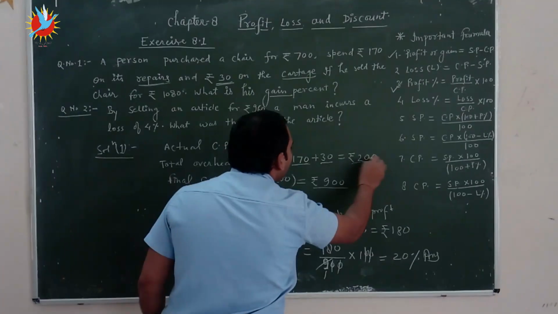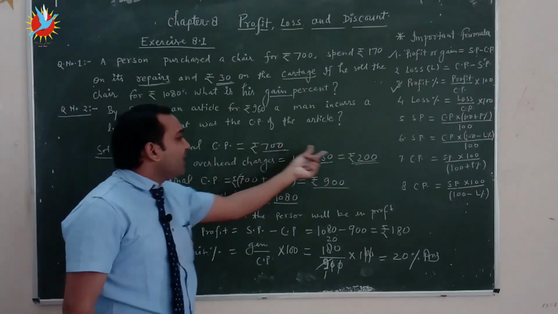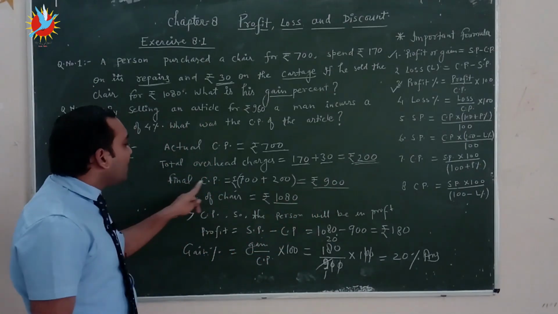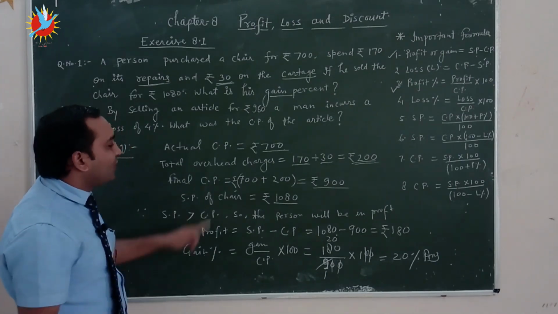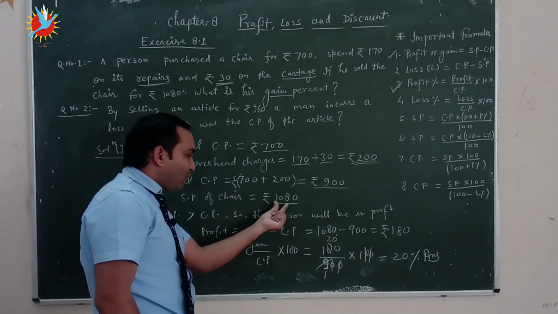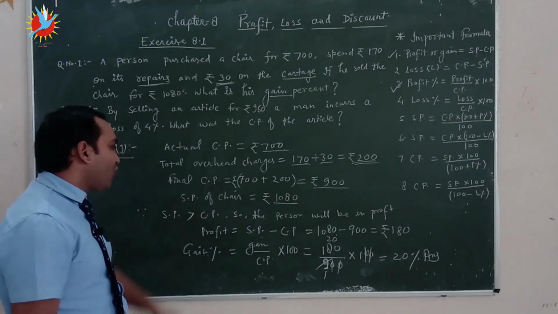So total extra expenditure was 200 rupees. So 700 plus 200, which is equal to 900 rupees. That is total cost price for the chair is 900, and he sold the chair for 1080 rupees. So that will be the selling price of the chair.